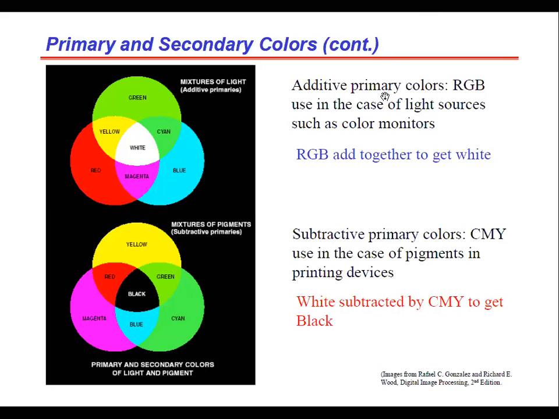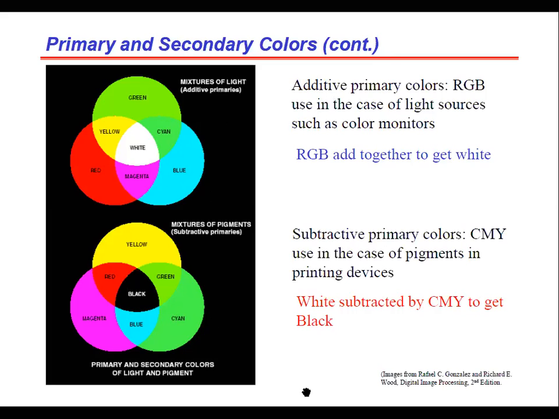So there are additive primary colors. Then there are subtractive primary colors. When you want to print something where colors are represented using additive representation, and you send the data to the printer, it is going in the additive format from the computer.